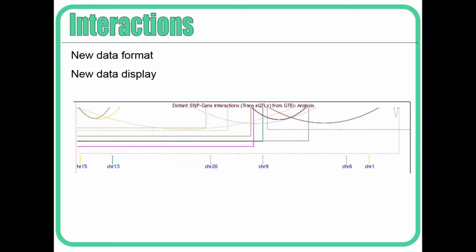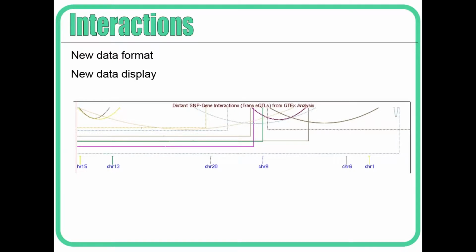Or it could be the Hi-C, 3C, and 5C type data where physical interactions between places in the genome that are in the nucleus next to each other, even though they're not next to each other in the genome. You can say, okay, these two regions are physically close to each other when the chromatin is folded into the nucleus. And so we're working on getting some data sets of that type into the browser. But the data type is already available if you're interested in loading data like that yourself.